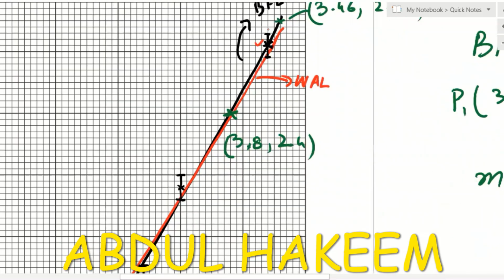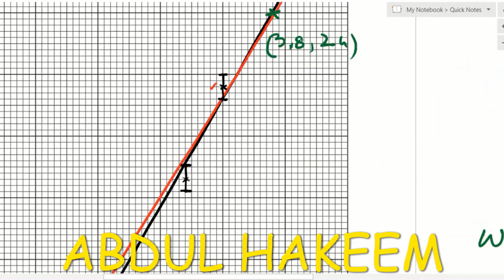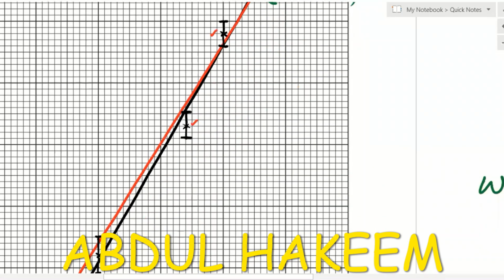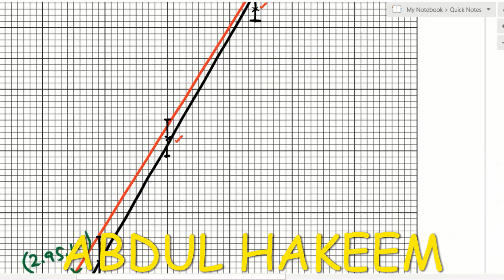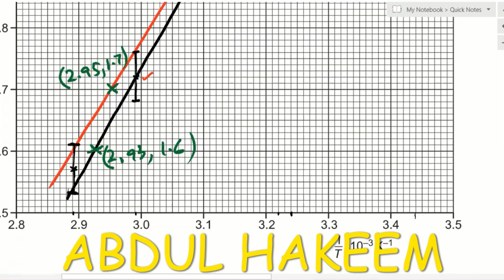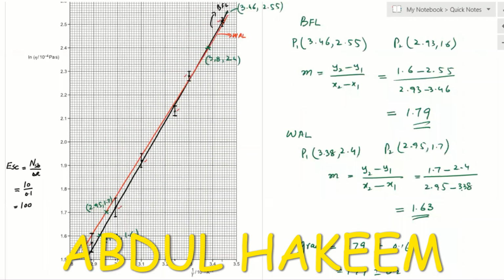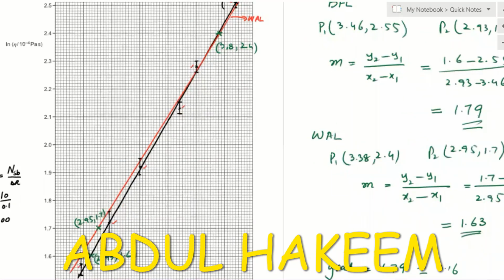This is the first point. This is the second point. This is the third point, fourth point, fifth point, and the sixth point. So you have to draw first these 6 points and then draw the best fit line.